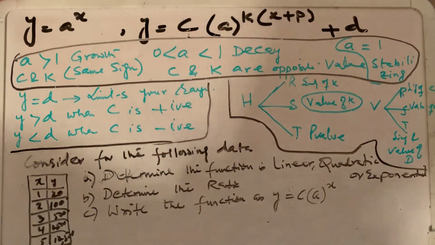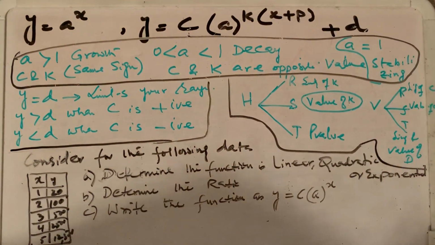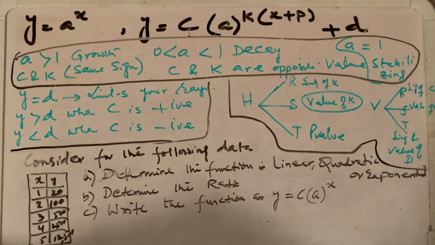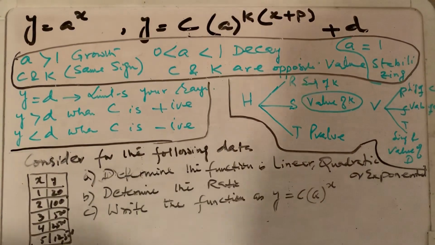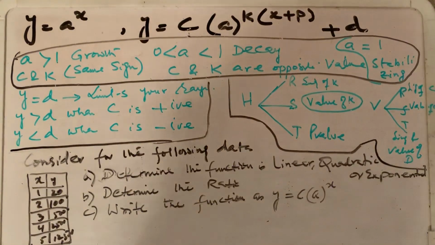So we can determine the ratio first, right? Or we can determine whether it is quadratic, linear, or exponential. So we can see the y value. Y value are increasing by a multiplier. If y value is increasing by a multiplier, the function is exponential.